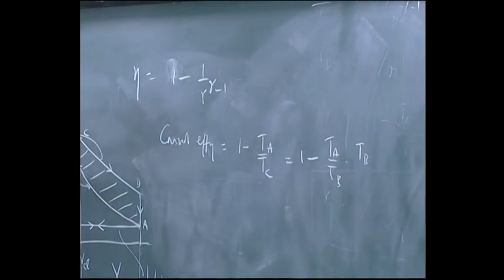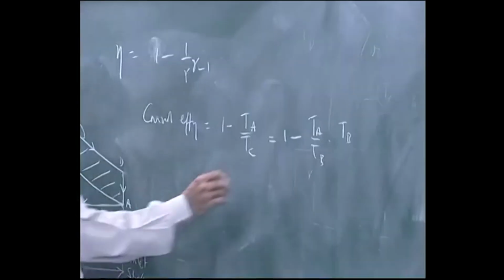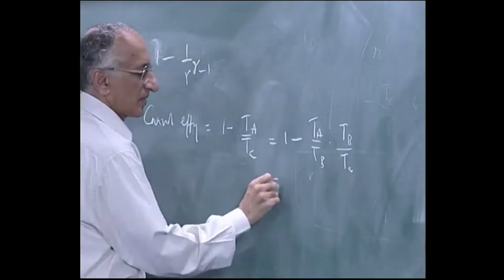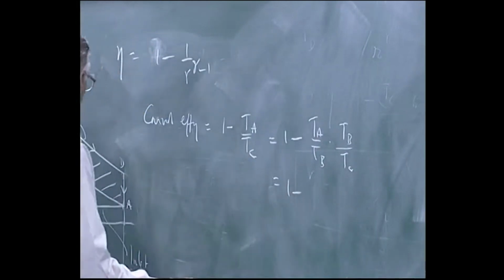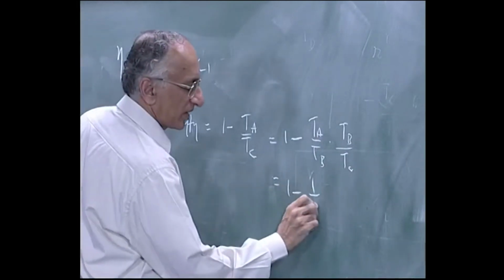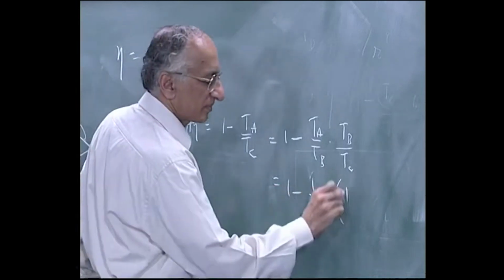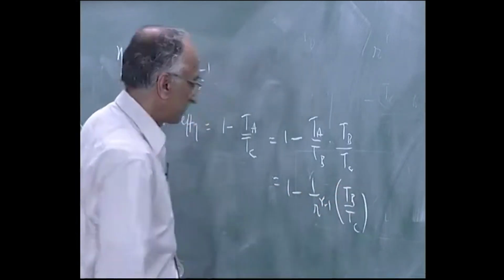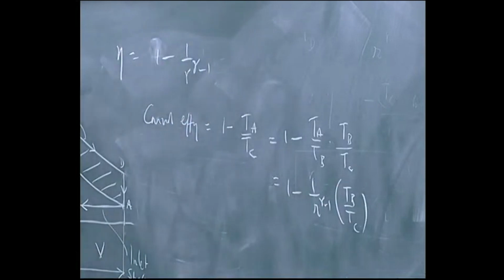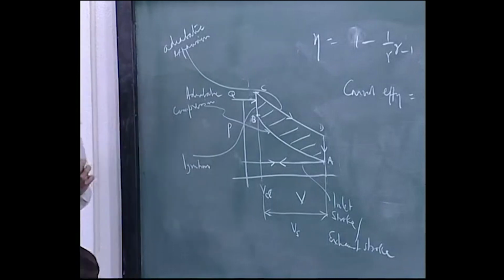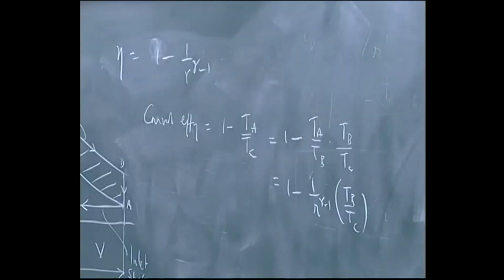I do not like Tb by Tc, I suppose I do not have a choice. This is 1 minus Ta by Tb, which is 1 by r to the power gamma minus 1 again, into Tb by Tc. So Tb by Tc is less than 1, and therefore your Carnot efficiency is greater than the efficiency that you get from the Otto cycle analysis directly.